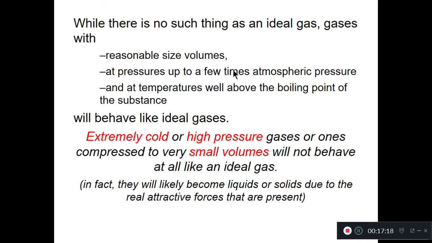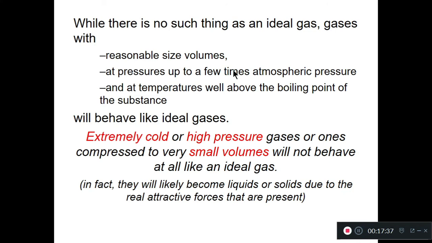And when I have very high temperatures, when they're moving very quickly, that's a good thing. If I have very low temperatures and they're moving very slowly, then when they collide, they tend not to have those elastic collisions. The attractive forces matter when the particles are moving very slowly.